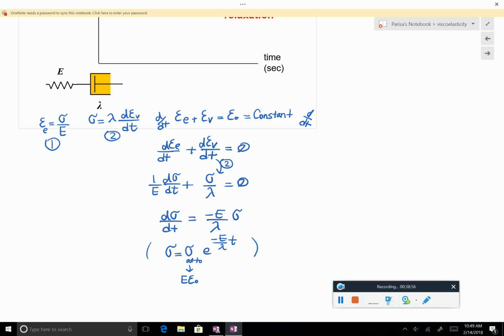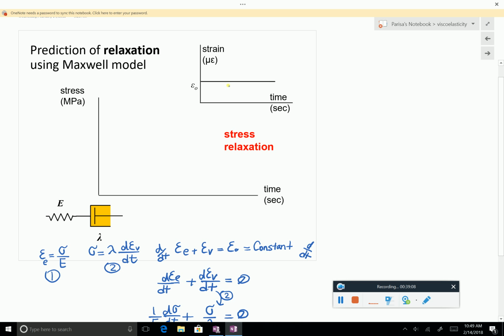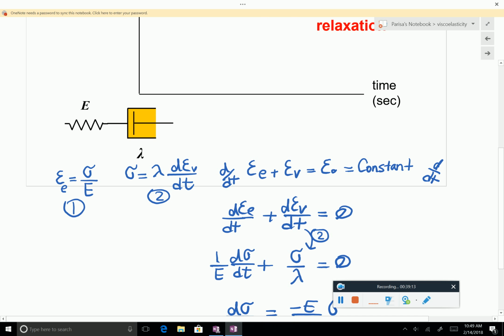So we know the relationship between strain and stress for a spring and the dashpot. Now here, the stress is not constant. What is constant is the strain. So what we know for relaxation is that epsilon e plus epsilon v is constant. But I don't have anything here for epsilon e. So the way I solve this, I take derivatives from both sides.